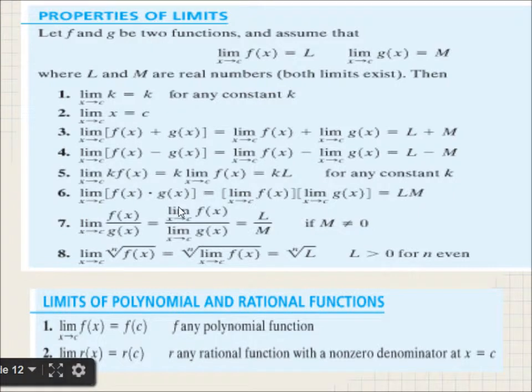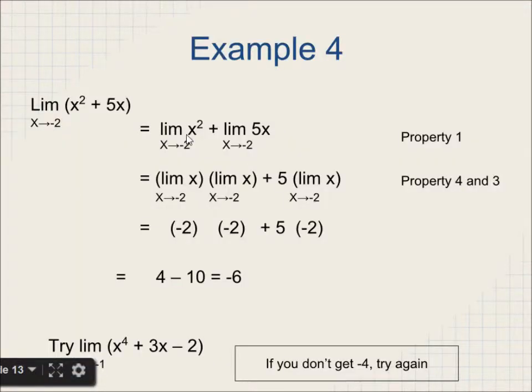Let's see another example. x square plus 5x is the function, and we have to calculate the limit of this function as x approaches minus 2. As we have learned in the past, we can separate these into two different limits: the limit of x square as x approaches minus 2 and the limit of 5x as x approaches minus 2.